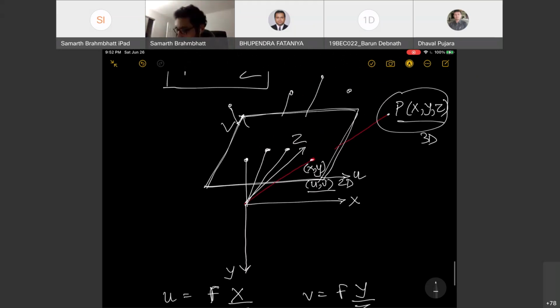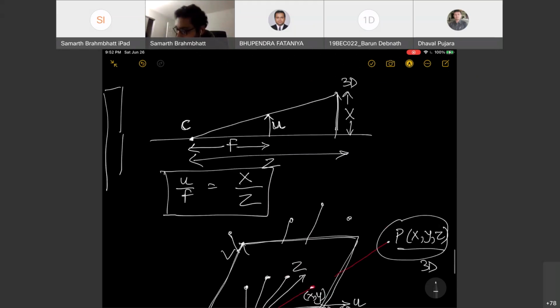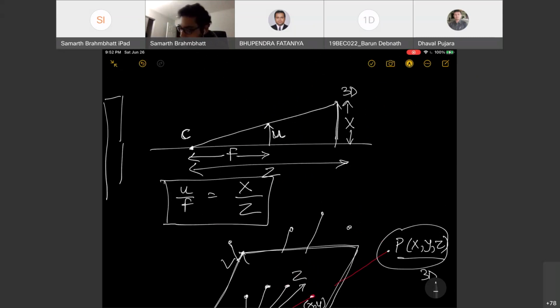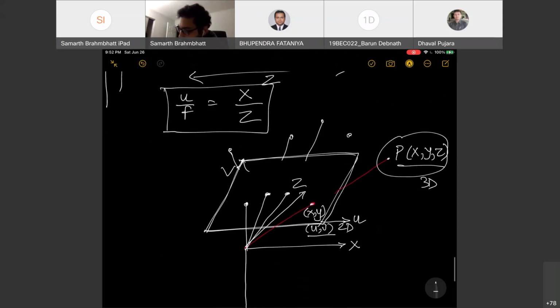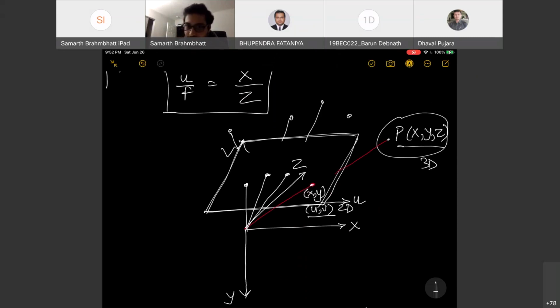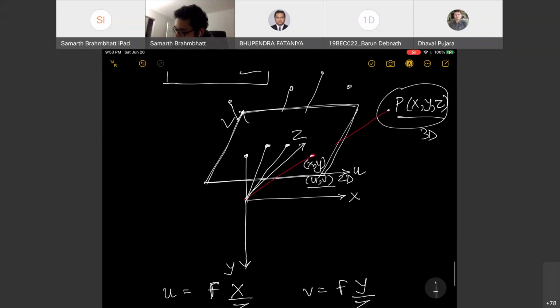So I hope you can extrapolate from this 2D diagram that when you actually do this thing in 3D, this is what is going to happen, right? Because you will basically have a 3D triangle like that, because you have this 3D triangle here, and then you have this smaller 2D triangle here.